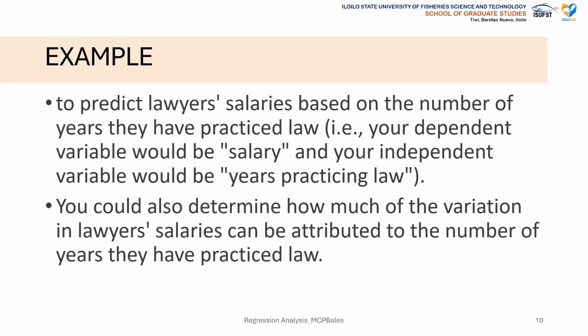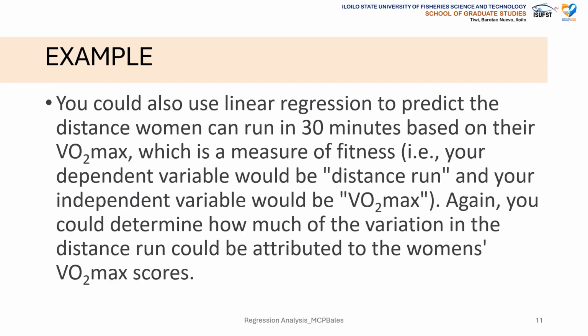For example, is your salary affected by the years of service by 10%, 20%? How many percent of your salary is predicted by your years in service, for example? You could also use linear regression to predict the distance women can run in 30 minutes based on their VO2 max, which is a measurable fitness.